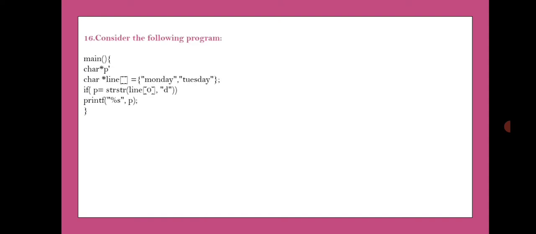Let's consider another program. Character pointer line, Monday, Tuesday. If P equals strstr line of 0, comma D. In one of our previous questions we have seen that strstr looks for the first occurrence of the second argument passed, D, right?